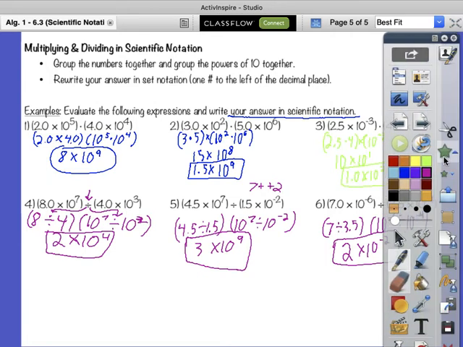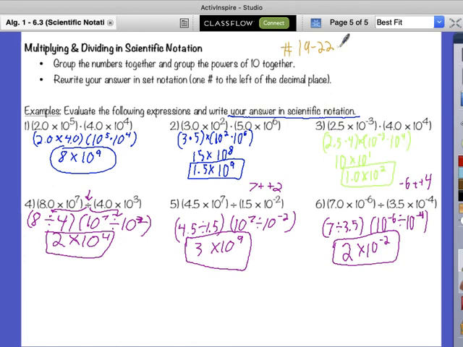Just like here on this example on the board right now, 1 through 3 were multiplication, and then 4 through 6 were division. On 13 through 18, those are supposed to be multiplication. 19 through 22 on the worksheet here are supposed to be division.